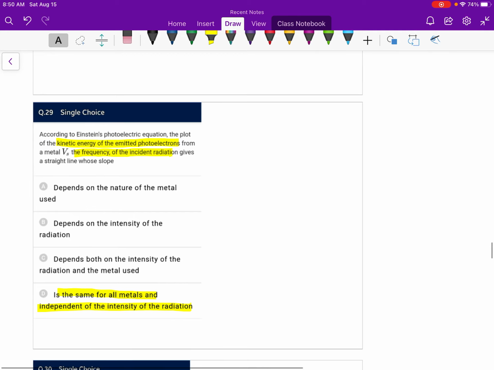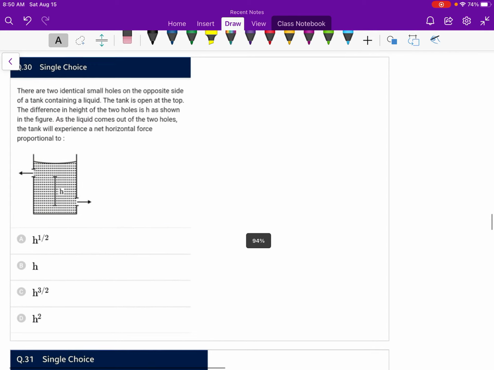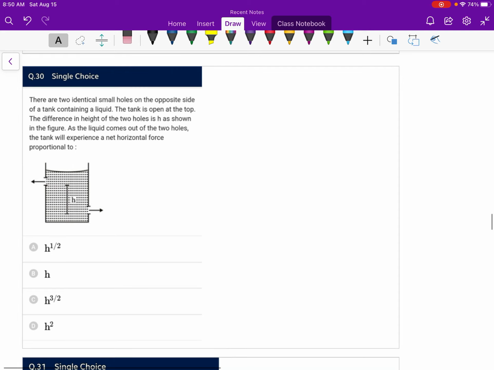So 29th. And this 30th: as the liquid comes out of the two holes, the tank will experience a net force proportional to, so force of the outgoing liquid is V dm by dt, which is V into rho a V, which is rho a V square. So this is suppose hole 1 and this is hole 2.